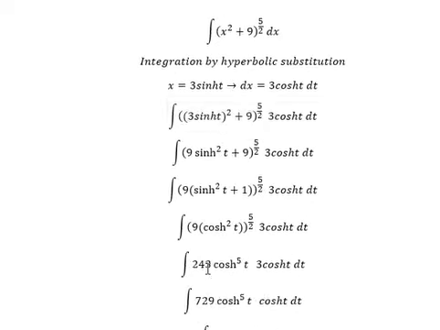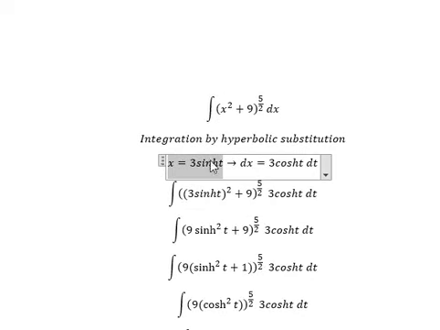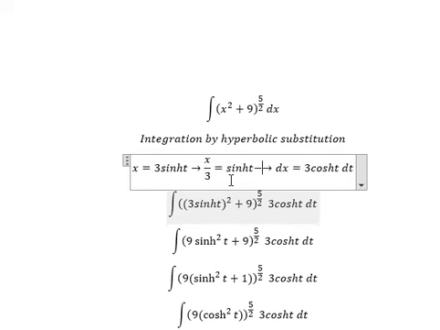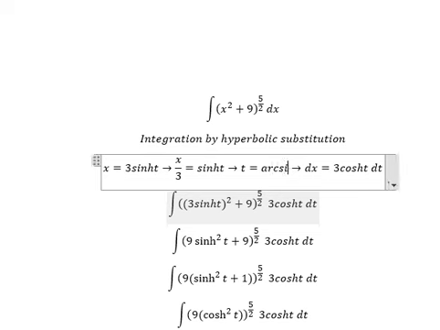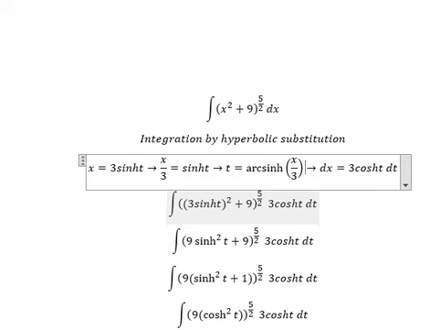About t, that is this one. So we divide both sides by 3. And we got t equals arcsinh of s over 3.